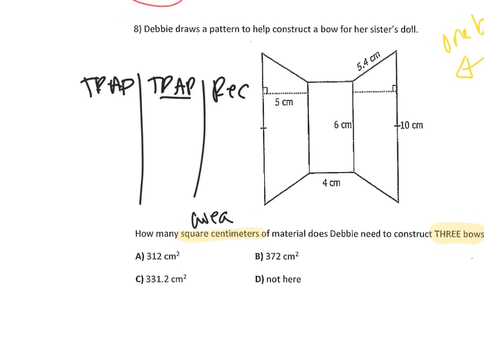So the area for my trapezoids is base 1 plus base 2 times your height. On the trapezoid, you've got 2 different bases. So add the bases together times the height, divided by 2.